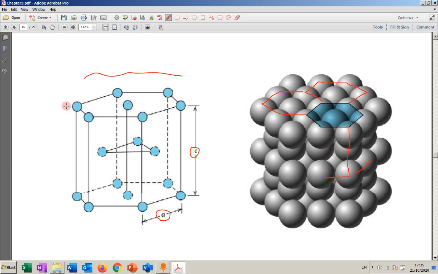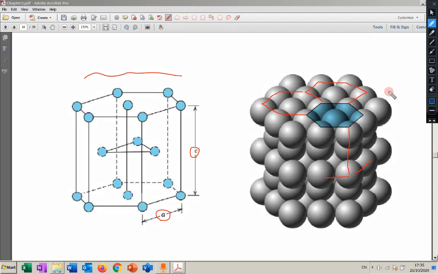So we have 6 atoms at the corners of the top hexagonal, and 6 atoms again at the corners of the bottom hexagonal. If I number them, 1, 2, 3, 4, 5, 6 at the top and 6 at the bottom, that's going to be 12.